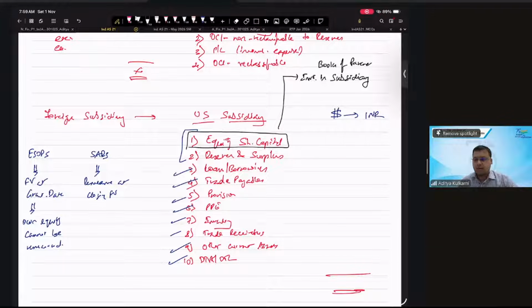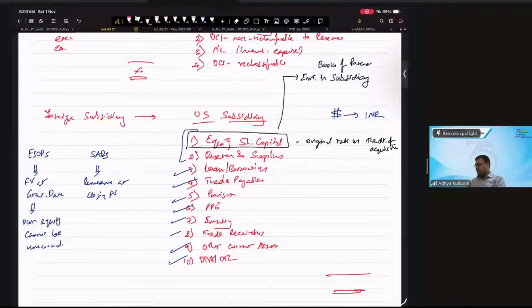If the parent has invested in the subsidiary, that investment only will be the equity share capital for the subsidiary. And therefore, my equity capital, we will be converting using the original rate on the date of acquisition. Yes or no?